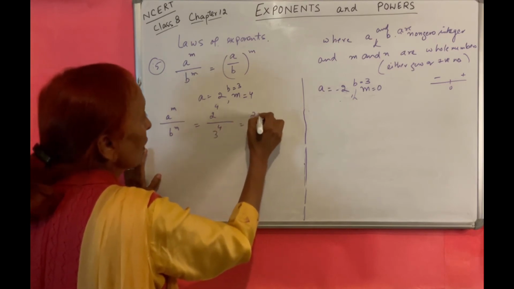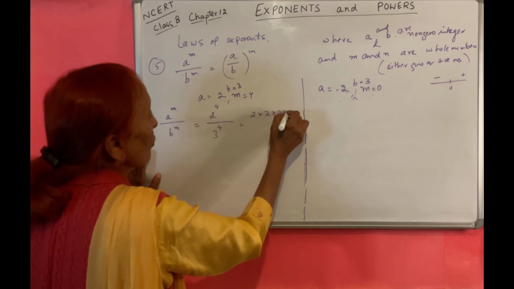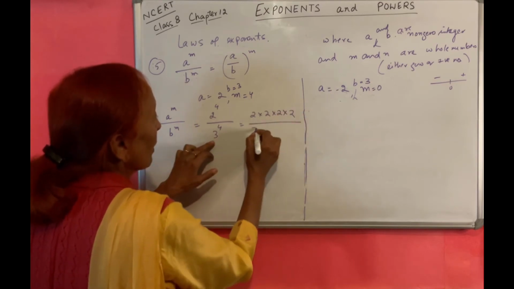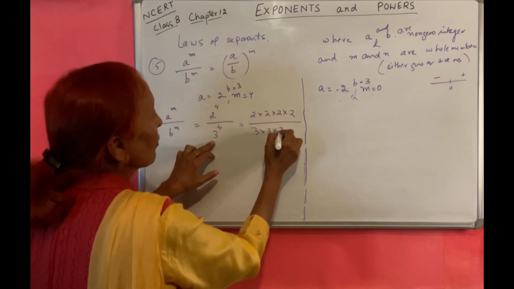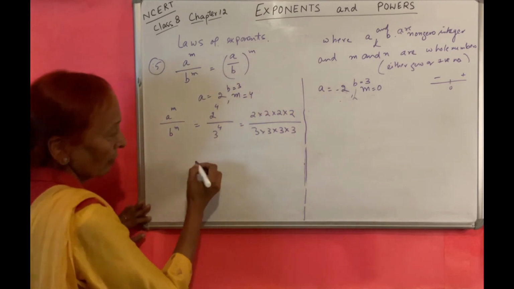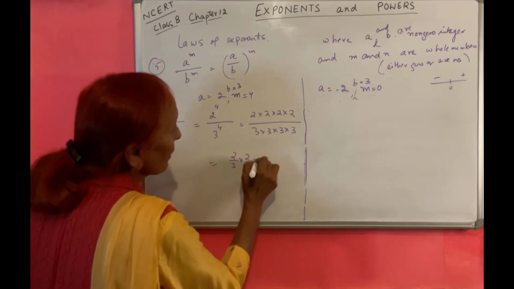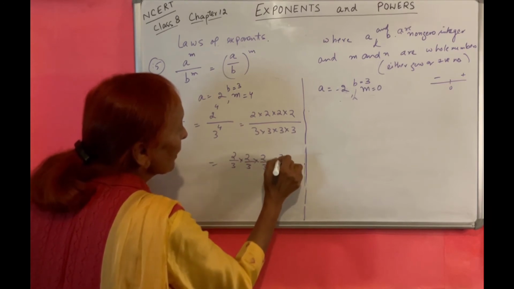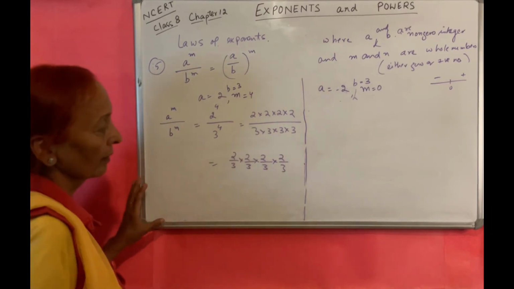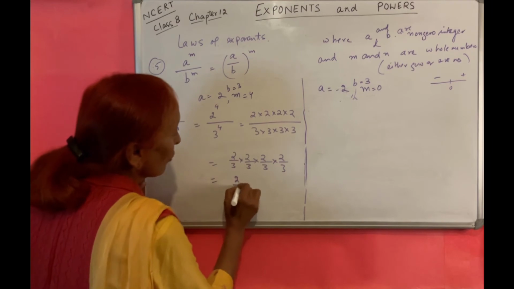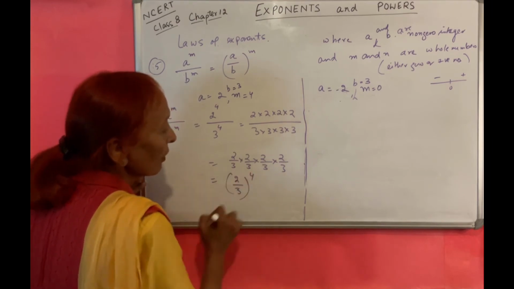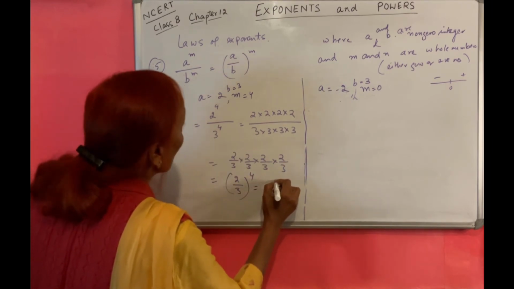So this is 2 into 2 into 2, 4 times. This is 3 into 3 into 3, 4 times. So this I can write 2 by 3 into 2 by 3 into 2 by 3 into 2 by 3. So what is this? 2 by 3 raised to power 4. What is 2? a.